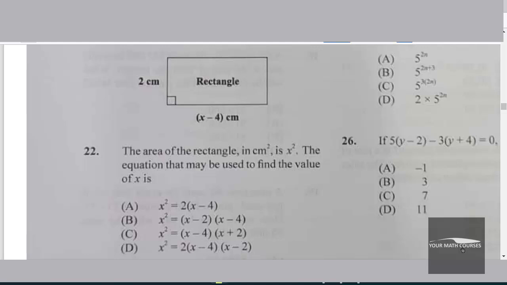So length times width will be 2 times x minus 4. And this is equal to x squared, or x squared is equal to 2 into bracket x minus 4. So the correct answer is option A.